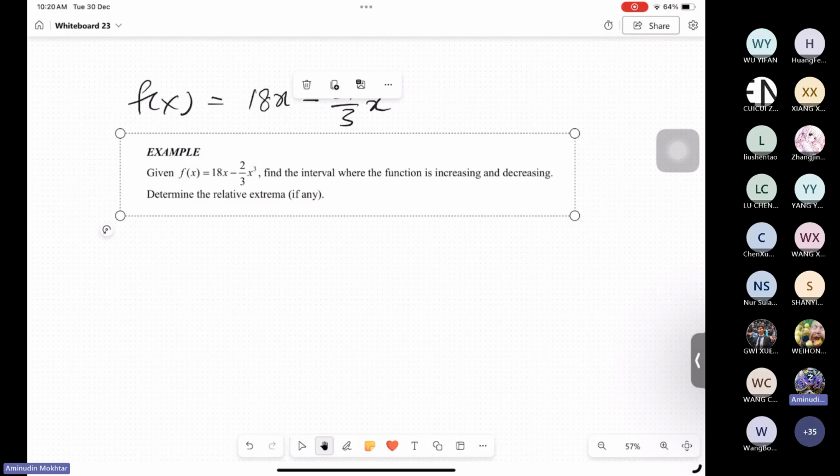First of all, we need to find the first derivative. That's the tip: if you see this type of question, the first step is to find the first derivative.